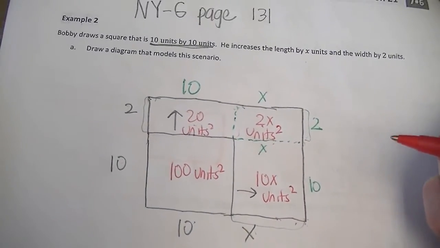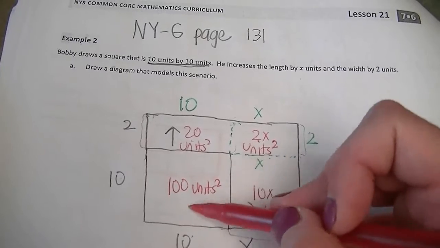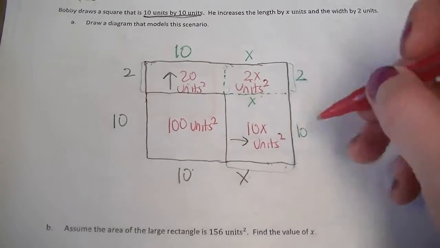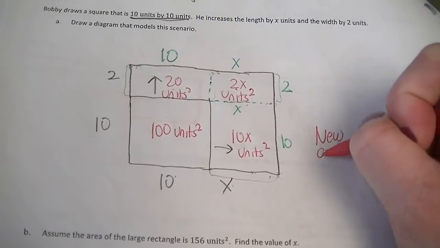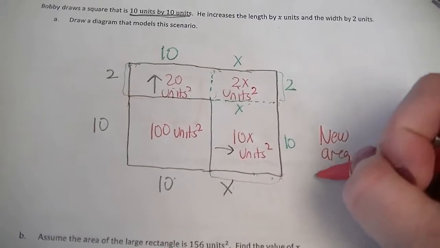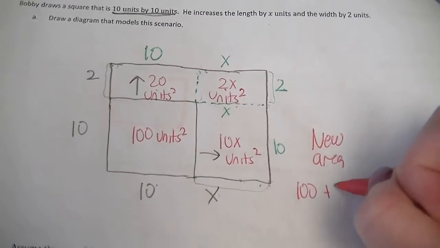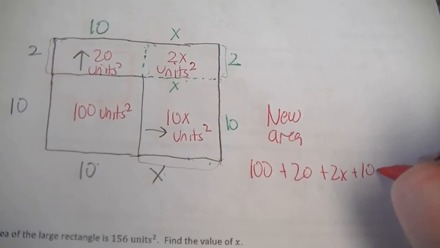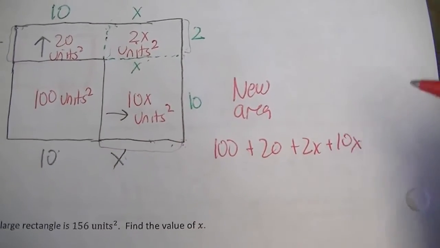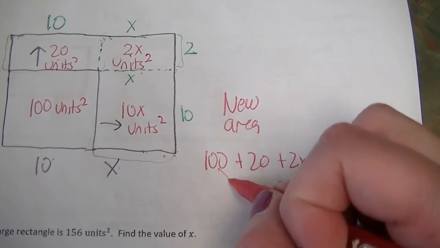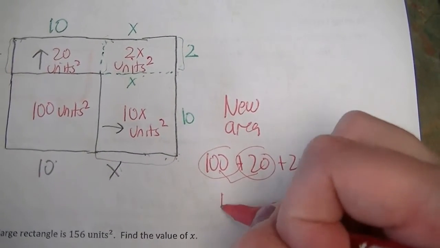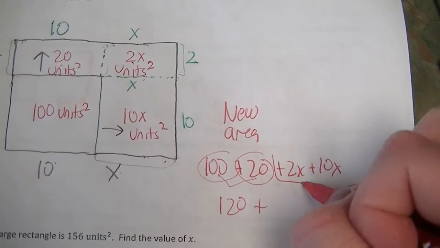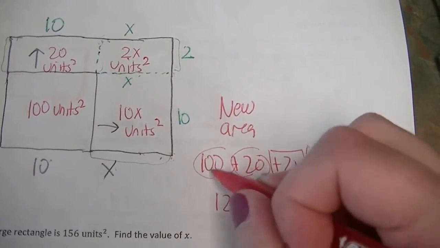Okay? So the original area was just 100 units, but remember how this Bobby guy expanded it? So now the new area, we just add all those areas together, it would be 100 plus 20 plus 2x plus 10x. And combine like terms to simplify, so we have right here 120 plus, well, we can't add this to that because those are not like terms with these constants.